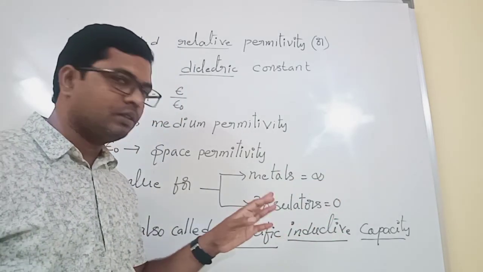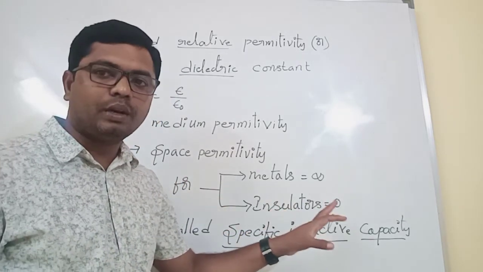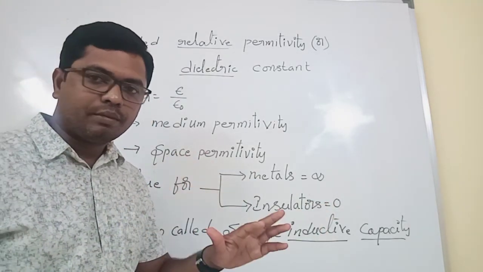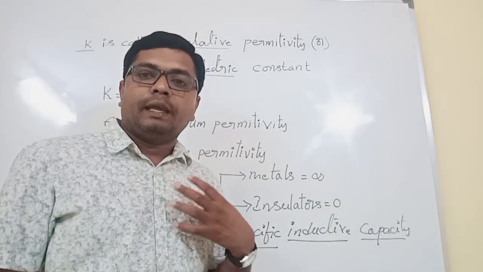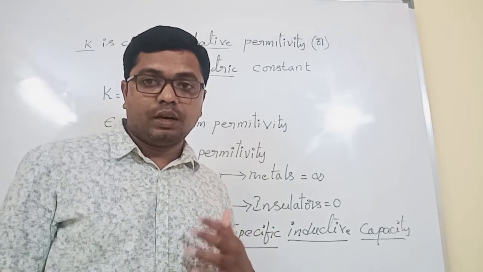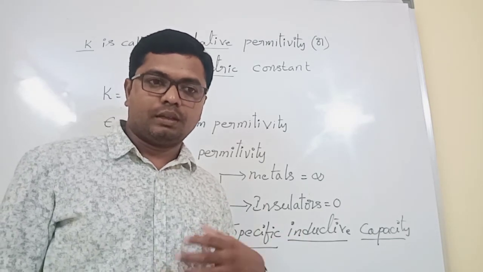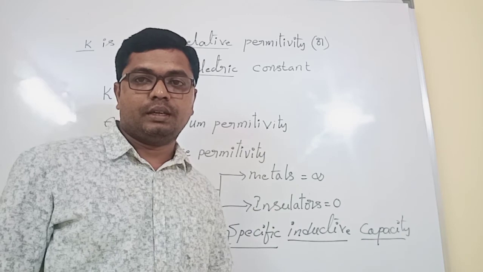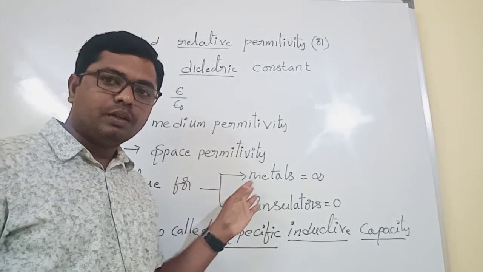For insulators, there are almost no free or conduction electrons. That is why no polarity is exhibited by the insulators, and there is no electric effect. They cannot allow the electric effect from one end of the insulator to the other end. In case of conductors or metals, there are more conduction electrons, so they can allow the polarity from one end to the other.